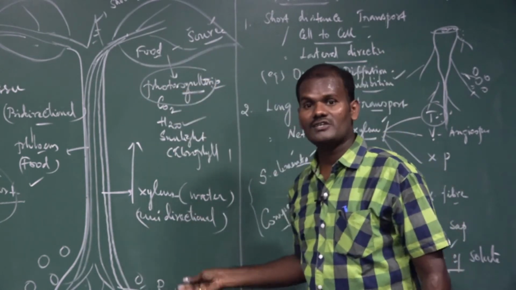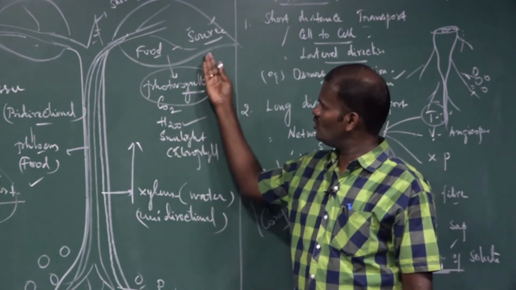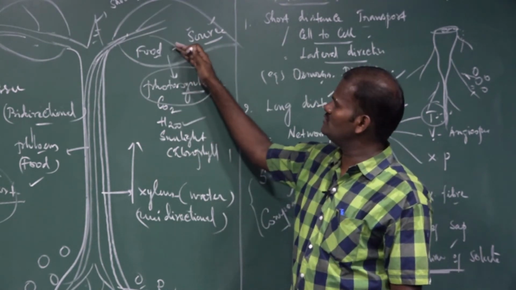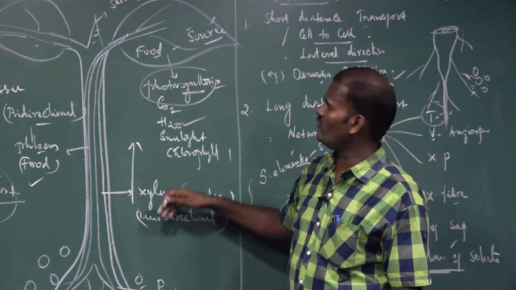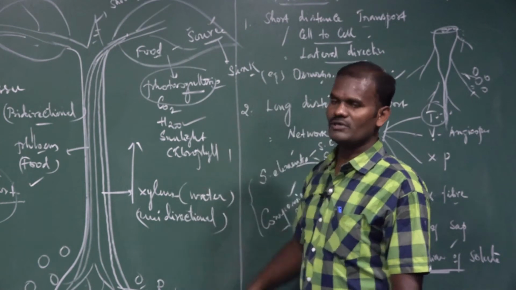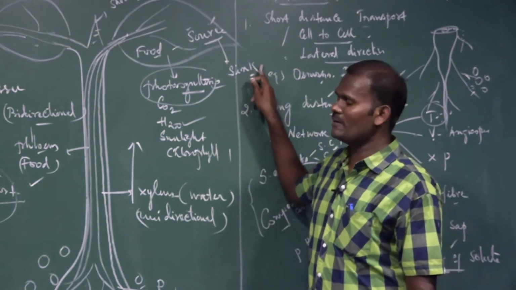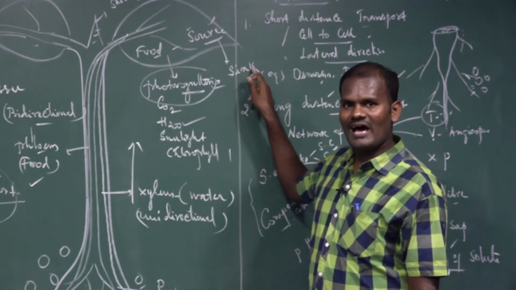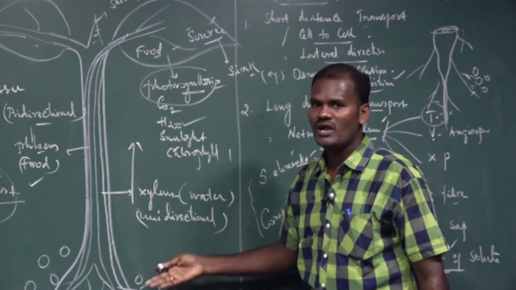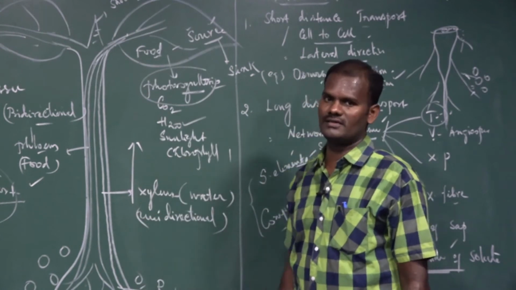But root is an area for storage. So translocation of solute molecules in the form of sucrose goes from source to sink. Sink is nothing but a storage organ, either root, stem, leaf, flower or fruits. This is long distance transport, otherwise called organ to organ.